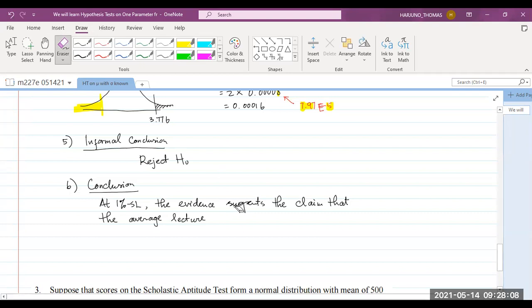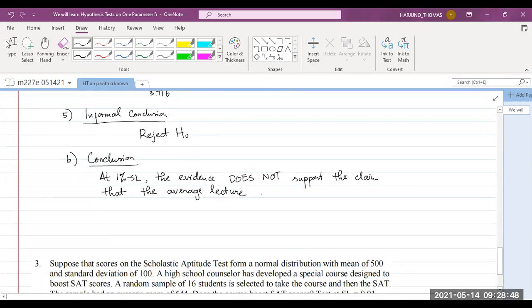I'm sorry, the claim is the null hypothesis, not the alternate hypothesis. The evidence does not support the claim that the average lecture consists of 3,000 words. In my class, this is good enough.